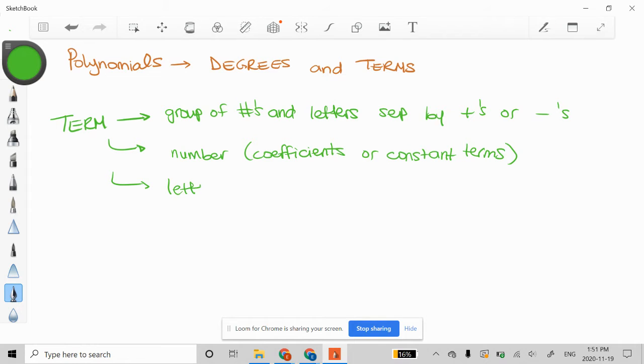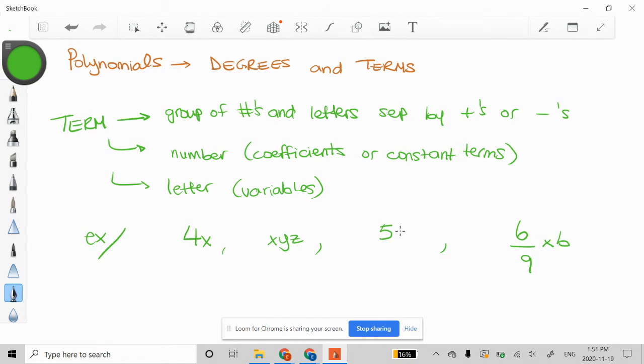So let me give you an example. x is a term, xyz is a term, 5 is a term, 16 over 9 xp is a term.